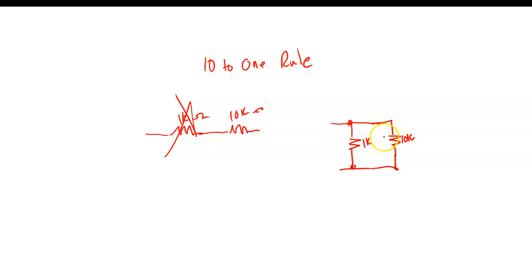So for approximation on a parallel circuit, we can ignore the big one, right? If it's a 10-to-1 ratio, we call that the 10-to-1 rule, just for approximation. So that's basically what we're doing here. We're ignoring the resistance of the solid state sensor, because it's a lot. But if I was to put another 1K, then I couldn't ignore the 1K anymore, right?